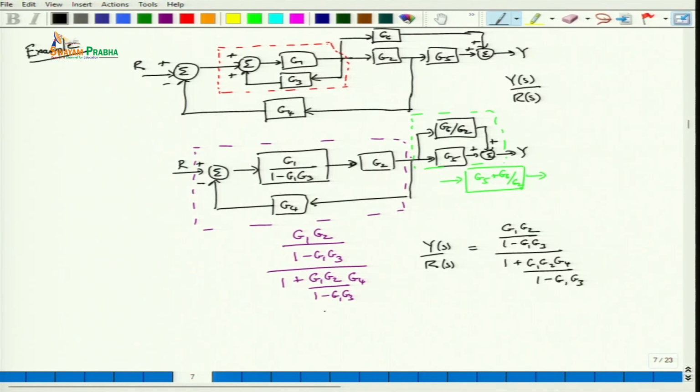We have taken this particular part, and now we multiply it by G5 plus G6 divided by G2. We just multiply these two parts to get our transfer function Y by R.